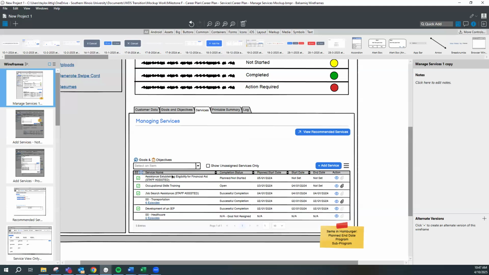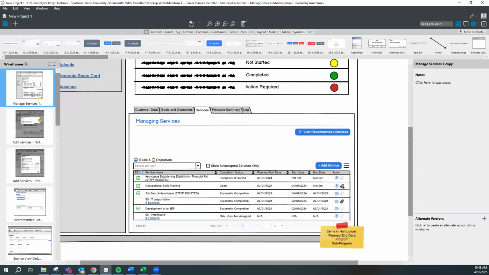On this list, you're going to have these different columns. So you're going to have your service name, your completion status, your plan start date, your end dates, and then your action item column. This is where you'll be able to click the view icon to view the details of that service. And you're going to have a nice little paperclip icon as well, because one thing that we're going to start doing is you'll be able to put an attachment with a service.